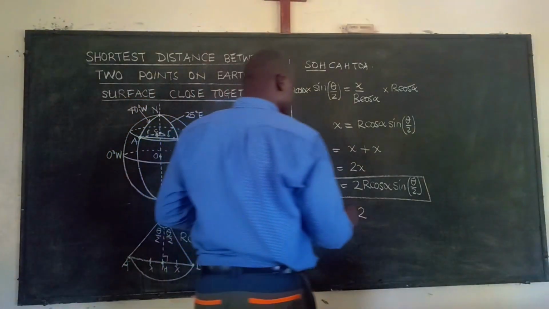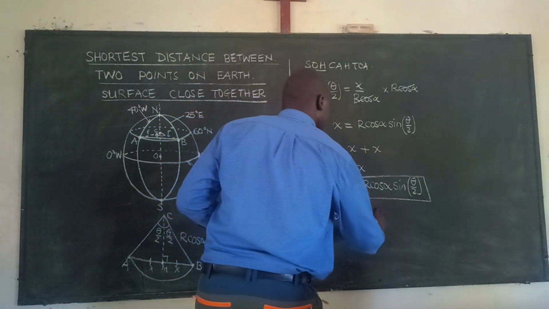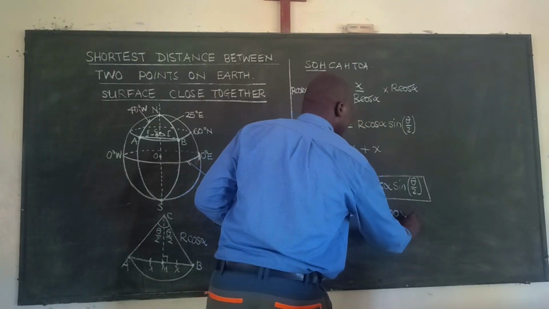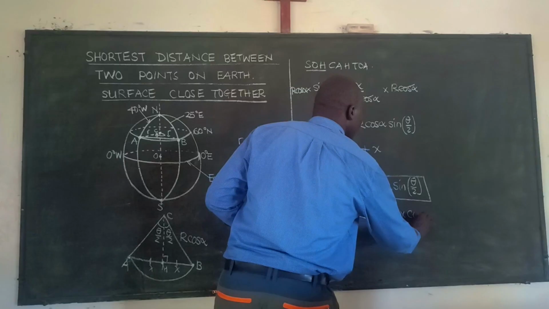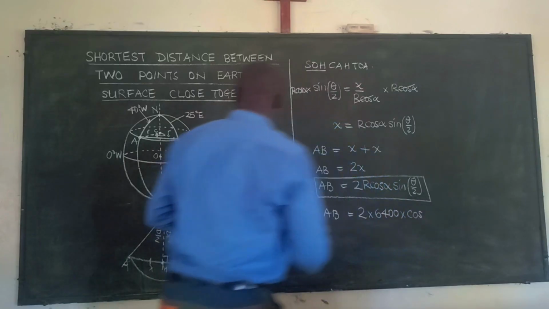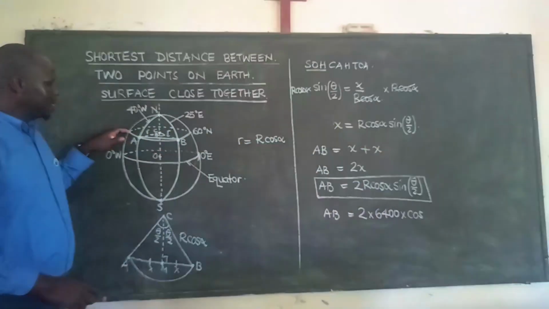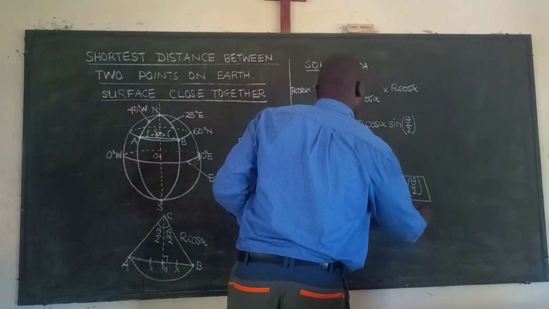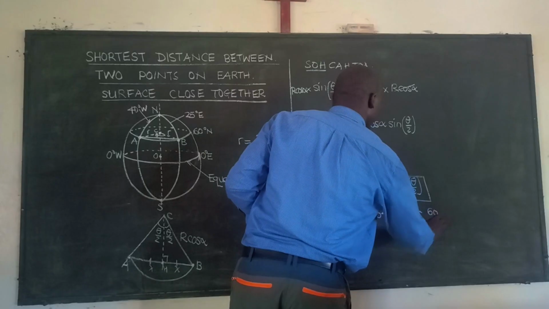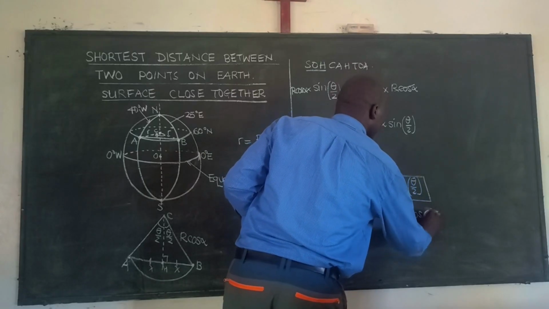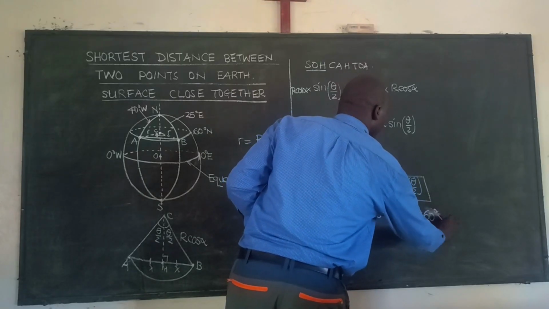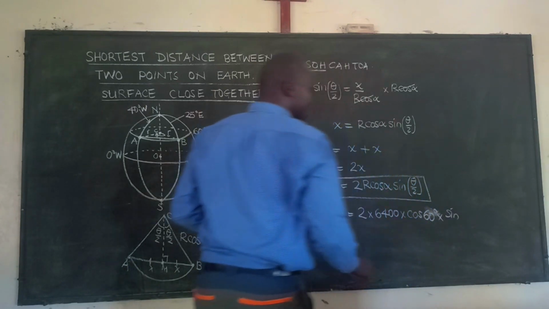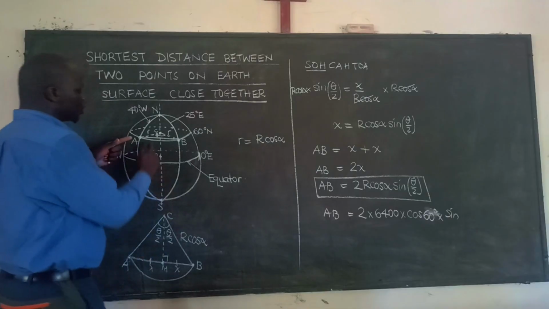So we shall multiply this by 6,400 kilometers times cosine of our alpha, and the alpha is this 60 degrees. So we can have our 60 degrees here, and we multiply by sine of theta over 2. But what is theta over 2?